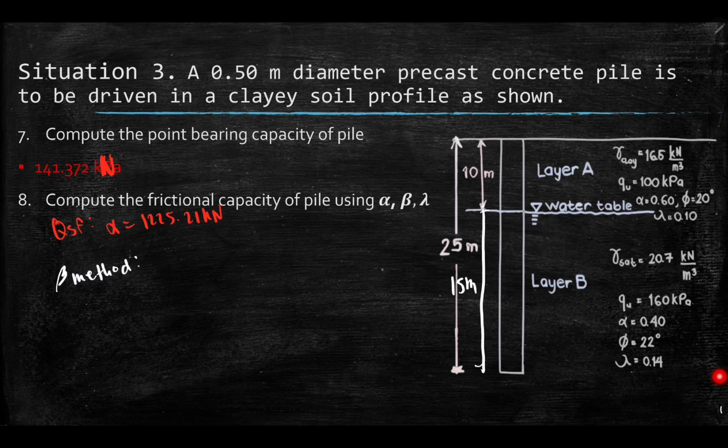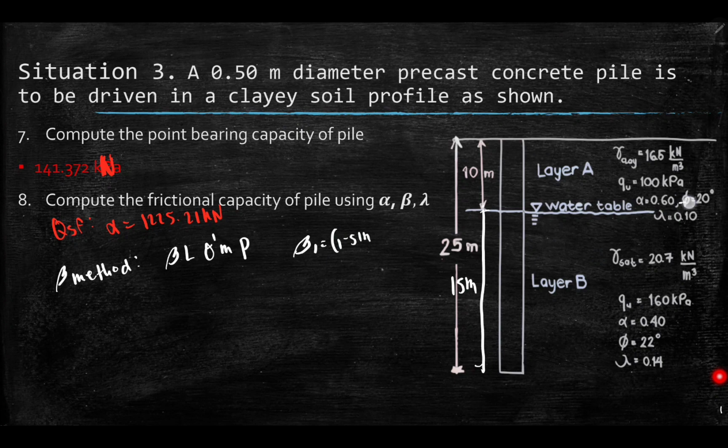Next naman, we're going to use the beta method. Okay? So, meron tayong formula dyan, which is beta times length times sigma prime m times p. But, dito sa figure natin, wala tayong beta. But, we can solve the beta since given naman yung angle of internal friction. So, solving for beta, for soil layer A, we have sine, 1 minus sine ito.